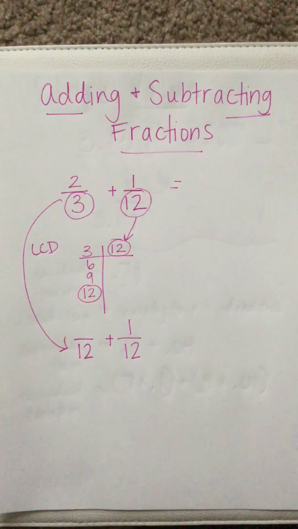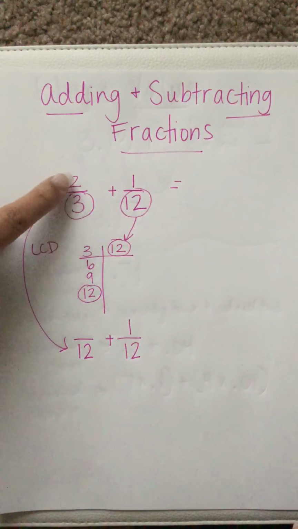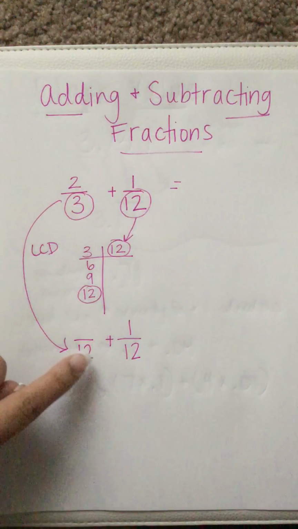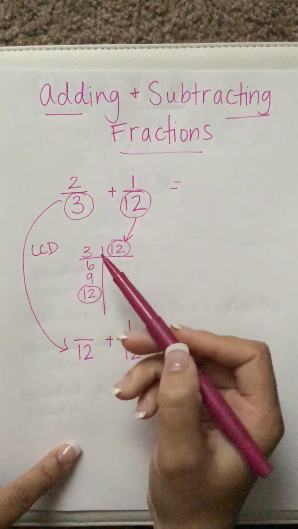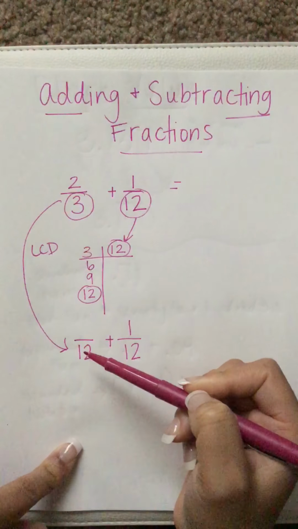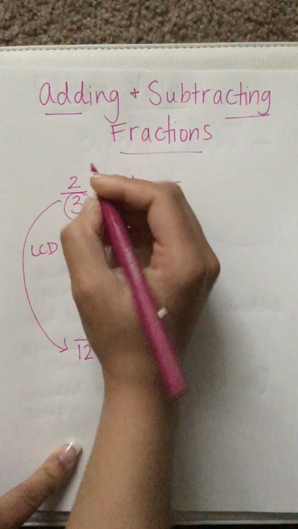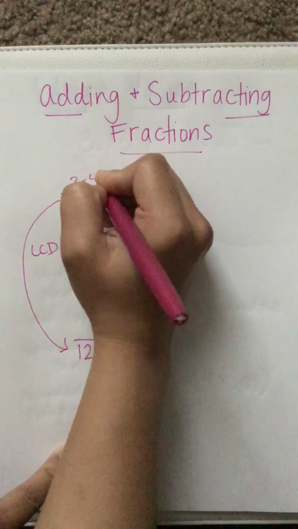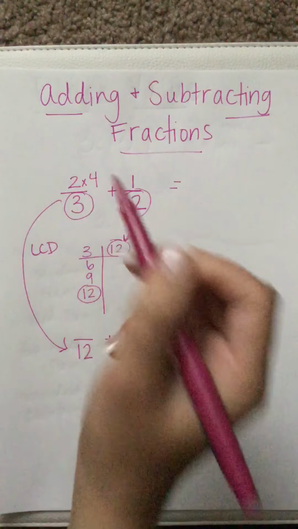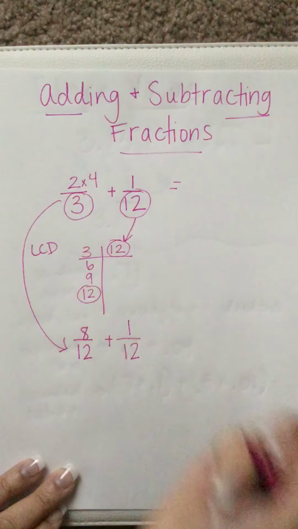You cannot change the denominator of a fraction without changing the numerator as well. So we look at how we get from 3 to 12. Well, if I count my multiples, 1, 2, 3, 4, 3 times 4 gives me 12. So I'm going to multiply my numerator by that same number. And 2 times 4 is 8.